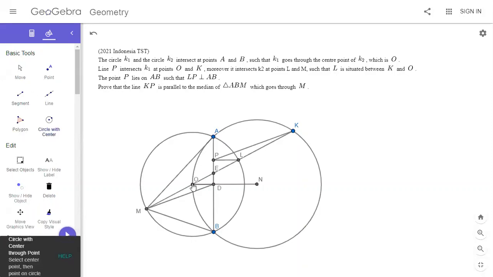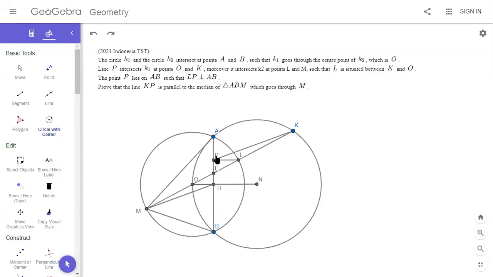Yes. Yeah. I think that might. Yeah, so L is the in-center of triangle AKB, and M is the X-center. Wonder how we can use that. Are there any like cyclic quads? Let's see.